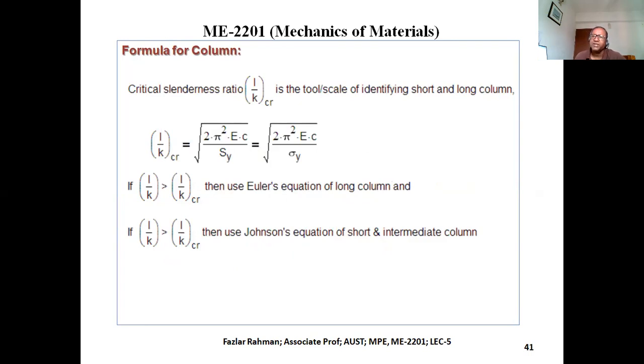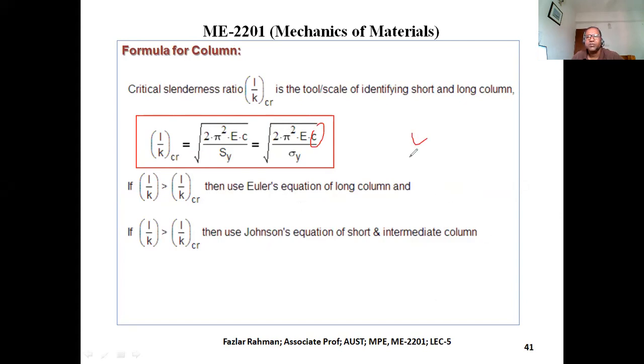And if the value of eccentricity is not given, and you know that load is going through the centroidal axis, then you have two options, either the Euler equation or the Johnson equation. But how will you know whether to pick Johnson or Euler? This is the condition. You need to figure out the value of L by K, which comes from end condition and material property.